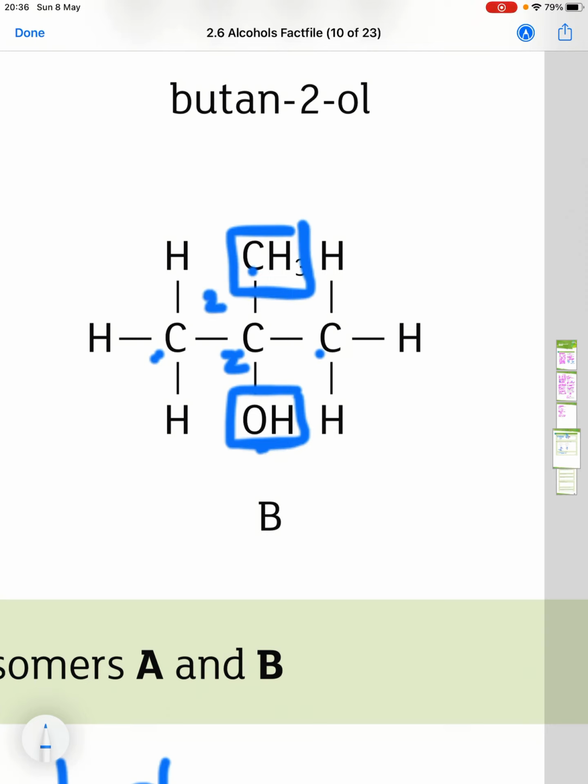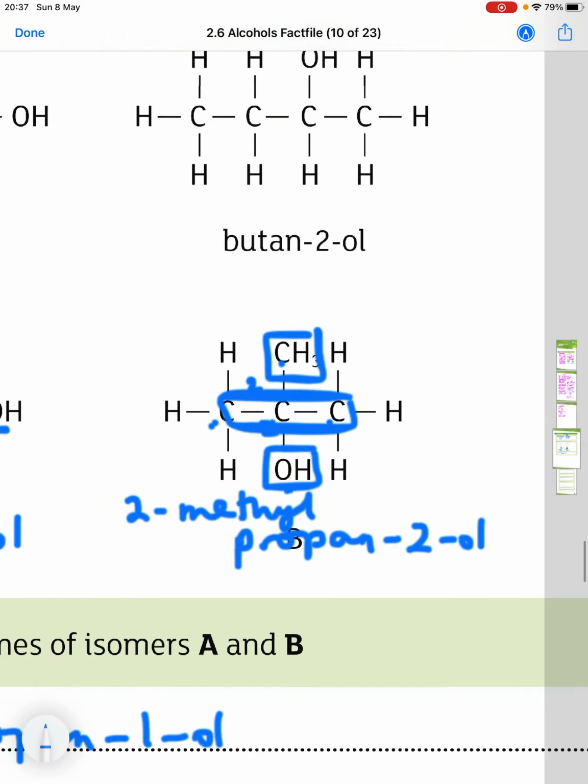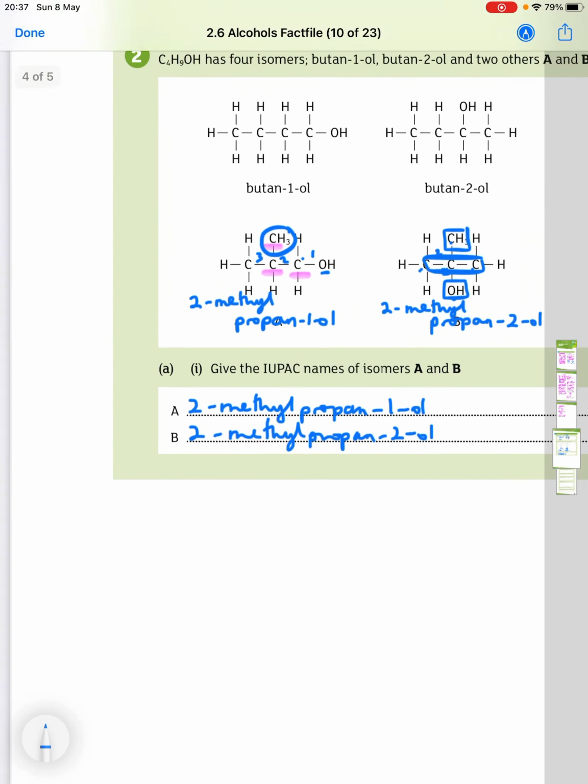The longest chain is 3, so it's propan again, and it's a 2-ol, and this time it's 2-methyl. So the 2 there were 2-methylpropan-1-ol for A and 2-methylpropan-2-ol for B.